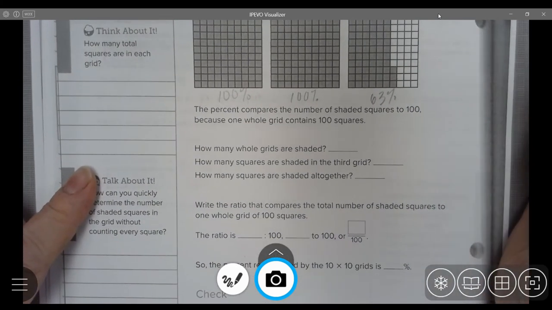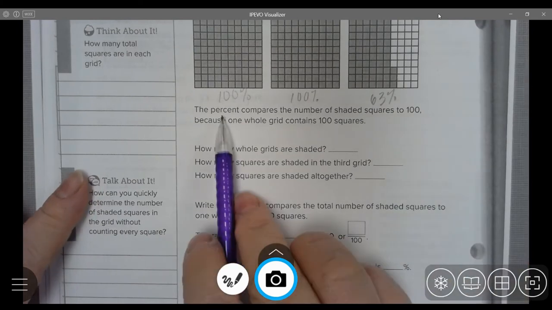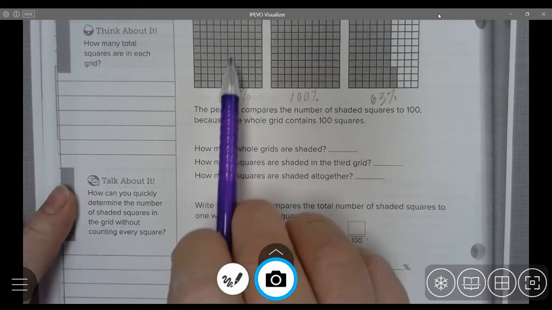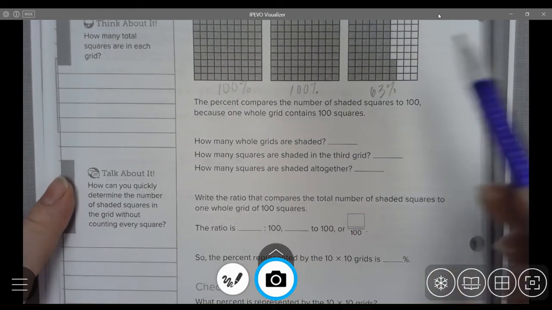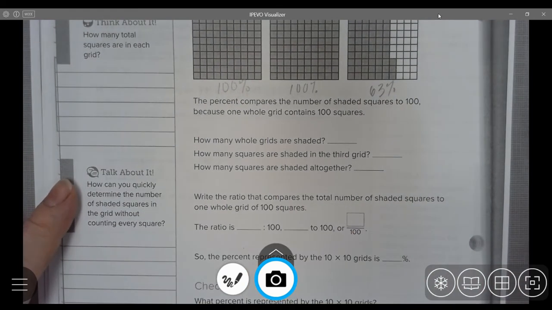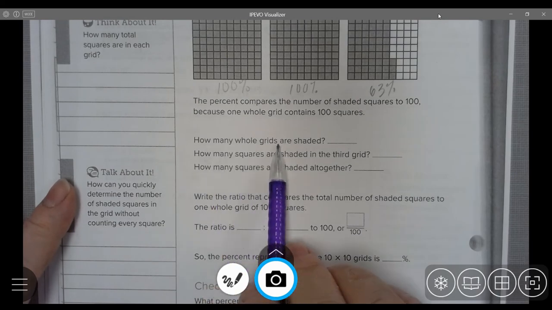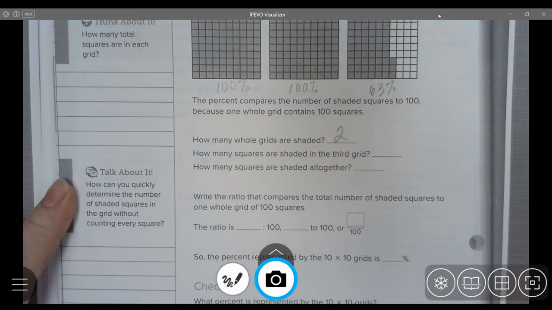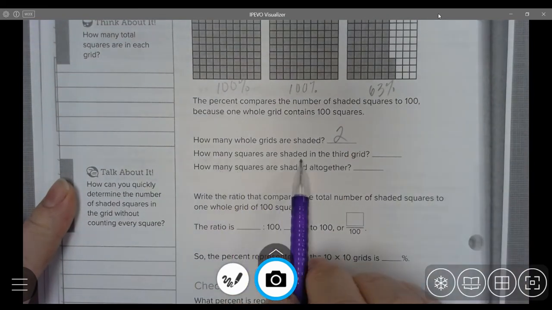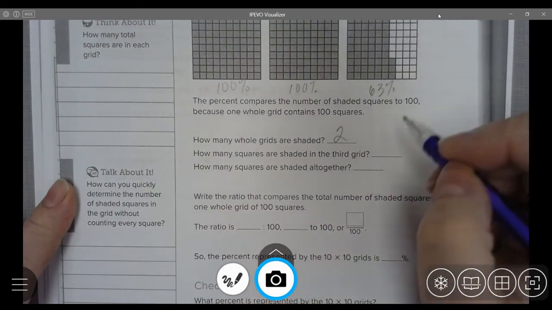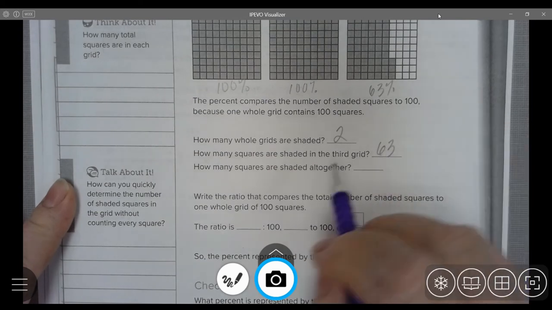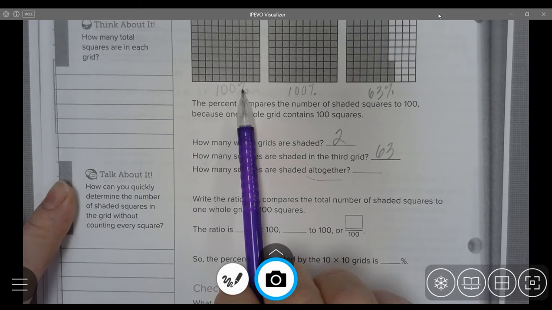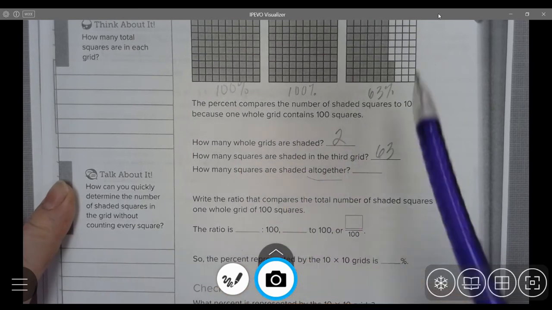And so if we're taking a look at this, we would say the percent compares the number of shaded squares to 100. So we're comparing it to 100. Percents are always compared to 100. How many whole grids are there? There's one whole grid here, one whole grid here, so there's two whole grids. How many squares are shaded in the third? And that would be 63. How many shaded altogether? Altogether, we would have 100, 200, and 63.